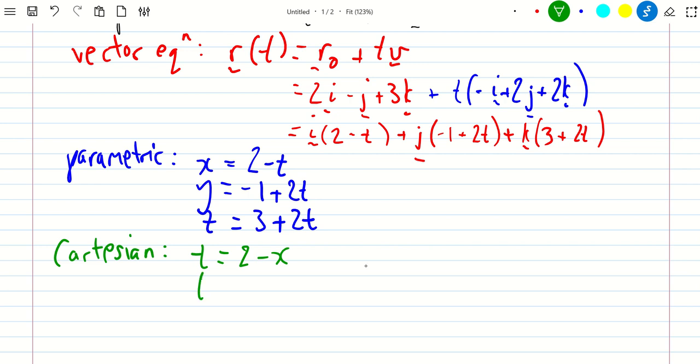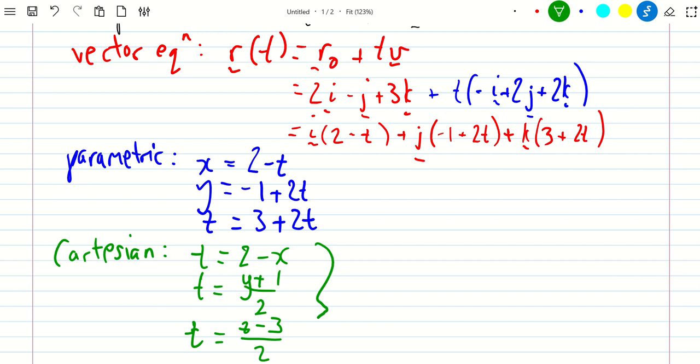Similarly for the y, I rearrange it: add 1 to the left, so t = (y + 1)/2. If I rearrange the z, I get t = (z - 3)/2. And so there you have it. I've got 3 equations and they're all equal to t. What I now do to get rid of that is set all those equal to each other.